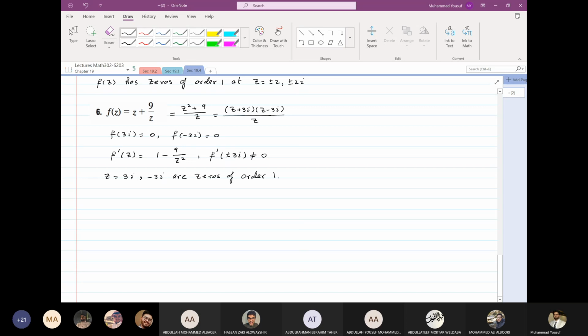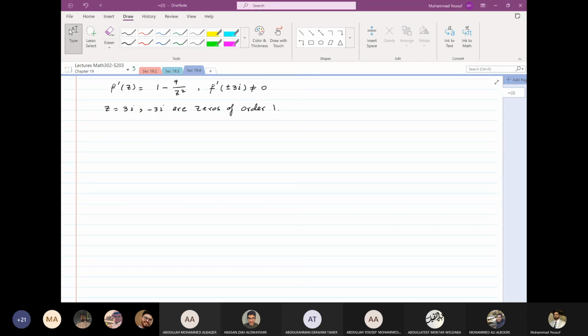Okay. Now there are some other functions where you need to expand and then you will be able to tell what is order of the 0. For example, let me do question number 9.